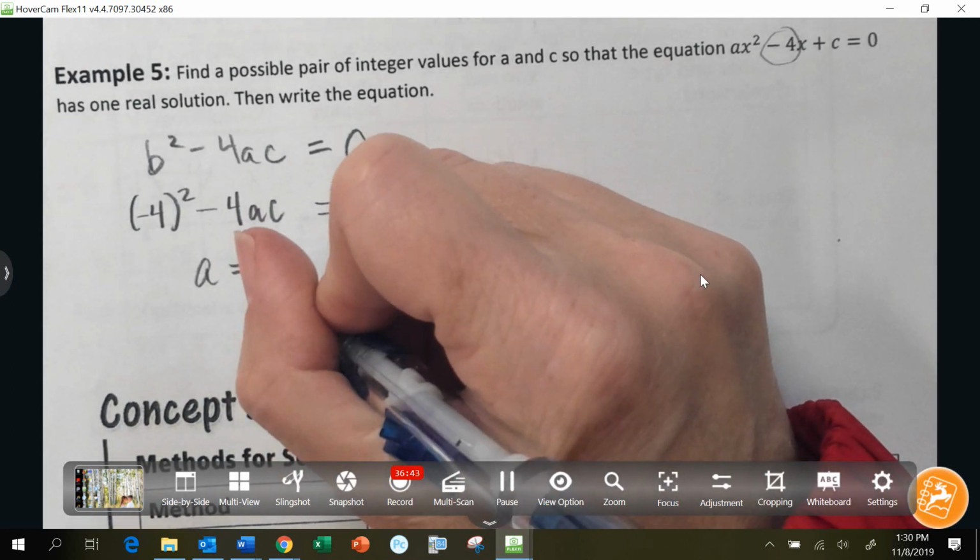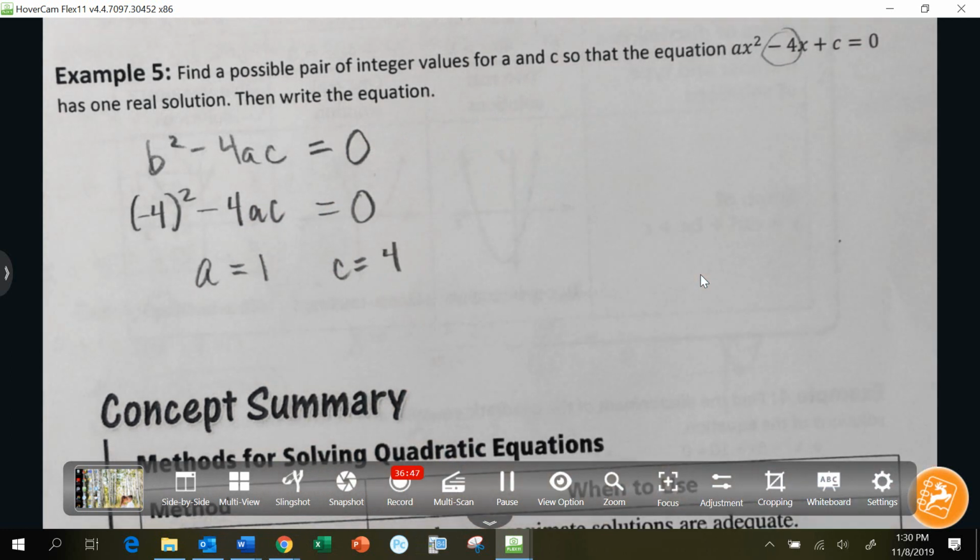A is 1? Is that what you said? Negative 4. Wait, wouldn't C be negative 4 though? Yeah, it would be negative 4. Oh, well, no, it'd be positive 4.